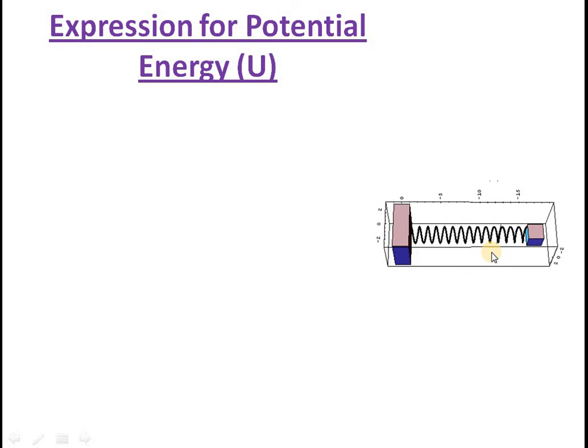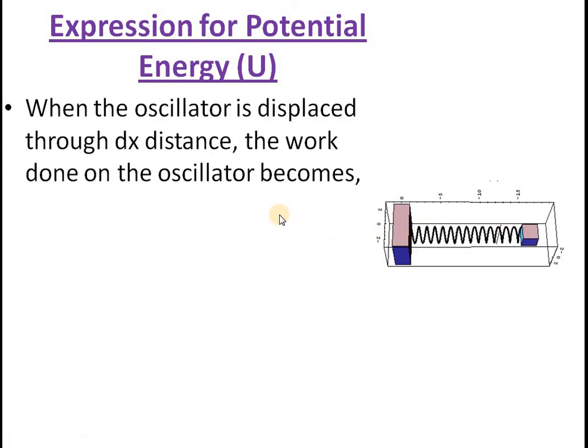So consider a spring mass system which is moving like this. Every time the spring is experiencing a compressive or elongative stress, so there is of course a force in it. When the oscillator, here the spring, is displaced through a distance dx, work has to be done because we have to pull the spring.